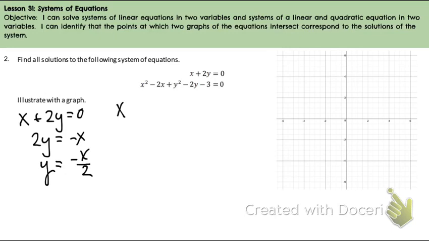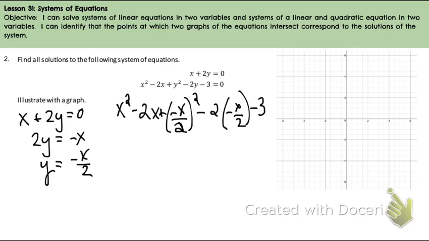So I have x squared. Anywhere where I have y, I'm going to put in negative x over 2, squared, minus 2 times negative x over 2, minus 3 equals 0. So it's ugly, but don't be intimidated by it.